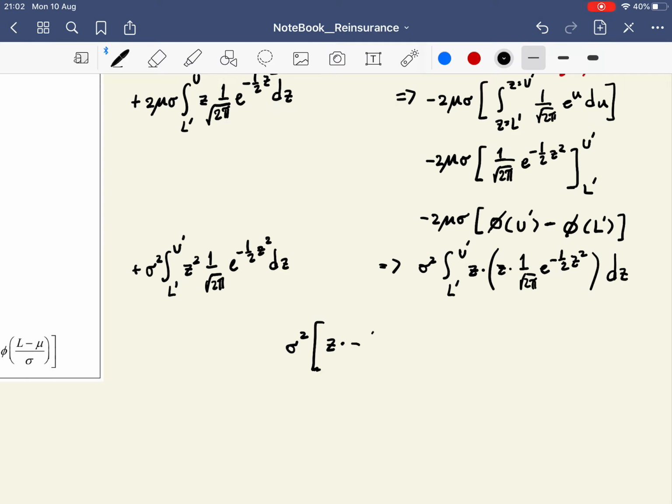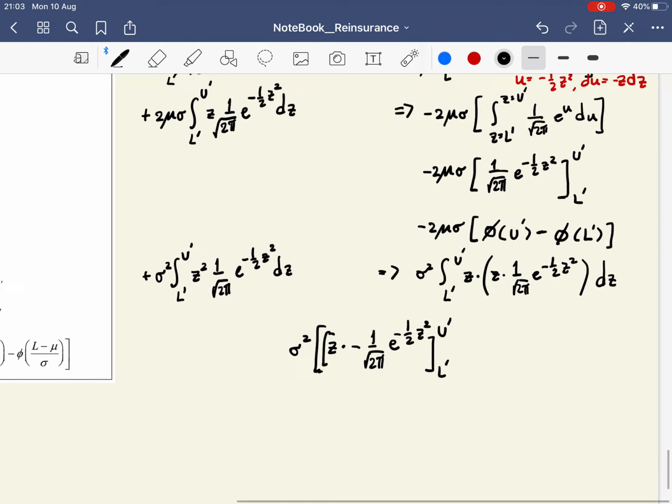So we have the negative 1 over square root 2 pi e to the power of negative 1 over 2 z square from L prime to U prime, right?